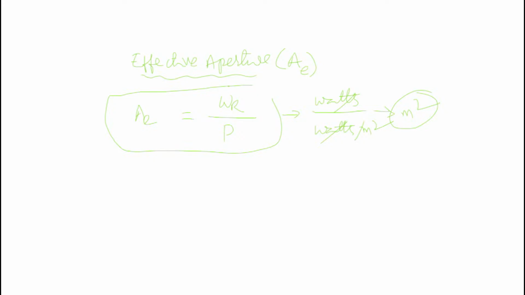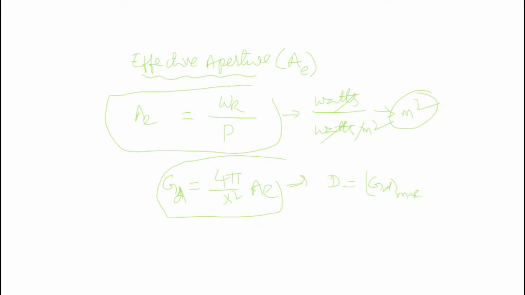There is a relationship between gain, directivity and this effective aperture. First I will write the directive gain, GD, is equal to 4 pi by lambda square into AE. This is the relationship for the directive gain. As you know, maximum directive gain is nothing but directivity, so D is equal to GD max.